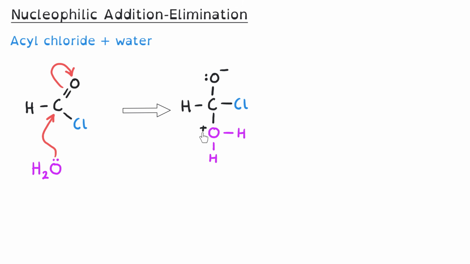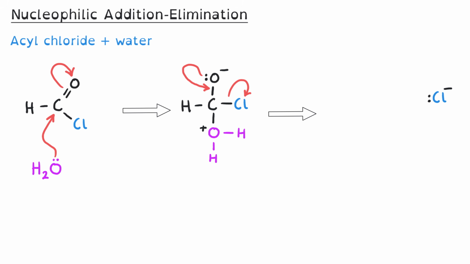will be positively charged. What happens in stage 2 is the elimination. That double bond between the carbon and the oxygen reforms using the lone pair that the oxygen temporarily took out of the bond. Then the chlorine is going to leave, taking the pair of electrons that it was sharing with the carbon away with it.